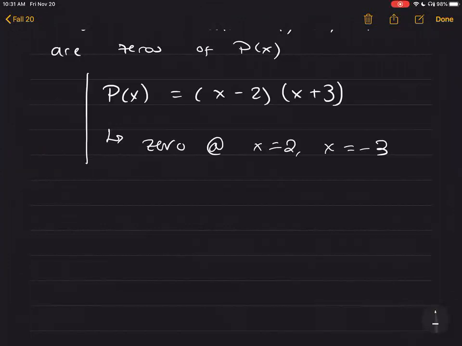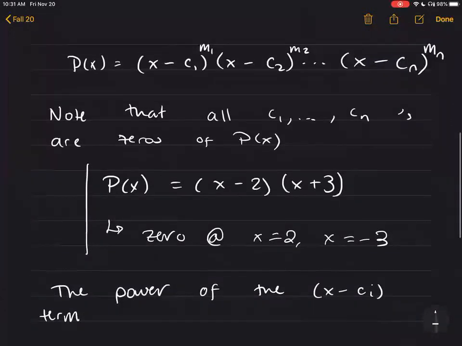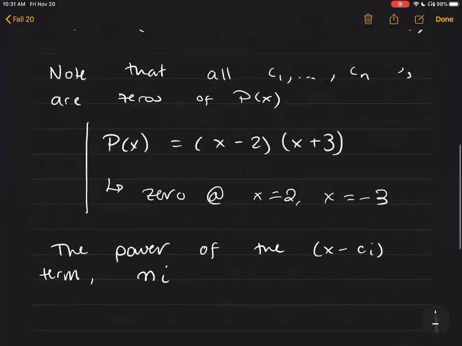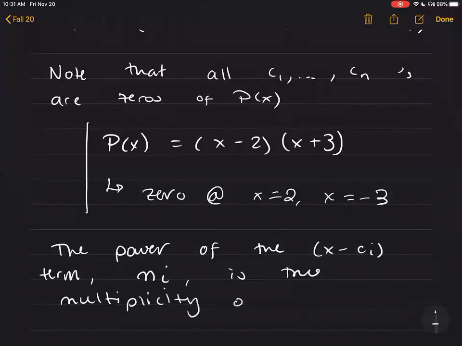So the power of the x minus ci term, which up here would be m sub i, is the multiplicity of the zero c sub i.